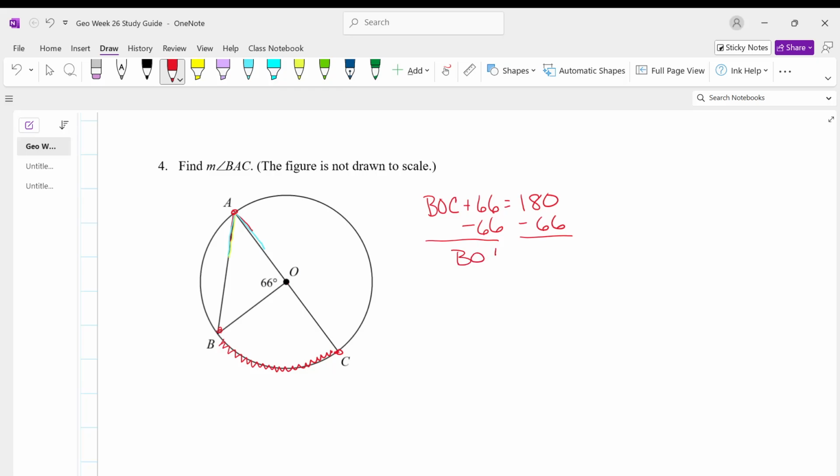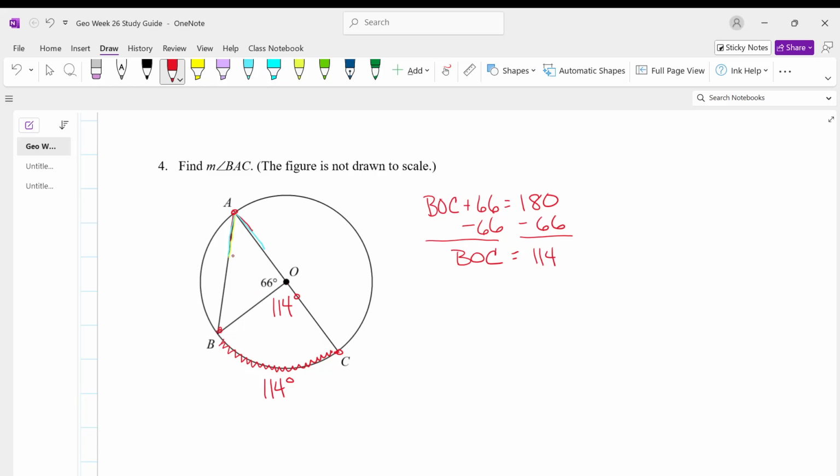So BOC is equal to 114. All right, that's this angle right here. We found the measure of angle BOC so that we could get the measure of arc BC, which is 114.